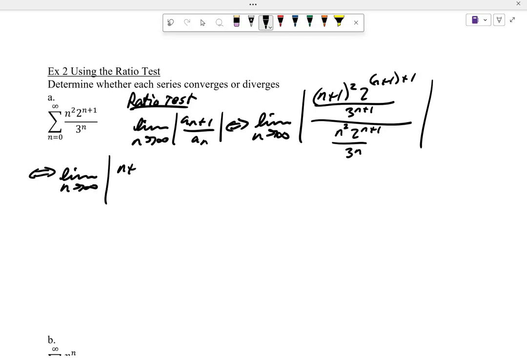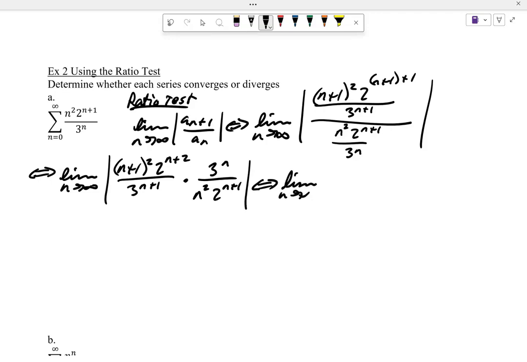So we got n plus 1 squared, 2 to the n plus 2, 3 to the n plus 1 times 3 to the n, and n squared 2 to the n plus 1. n plus 1 squared. I'm going to write 2 to the n plus 2 as 2 to the n, 2 squared. On the bottom, I got 3 to the n, 3 to the 1, n squared, 2 to the n, and 2 to the 1.